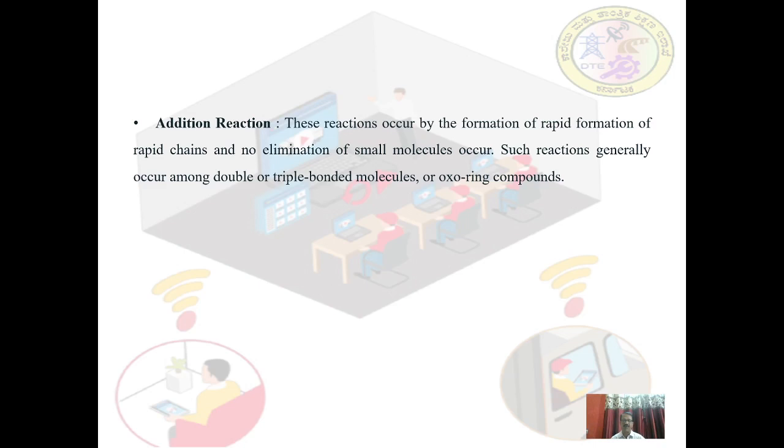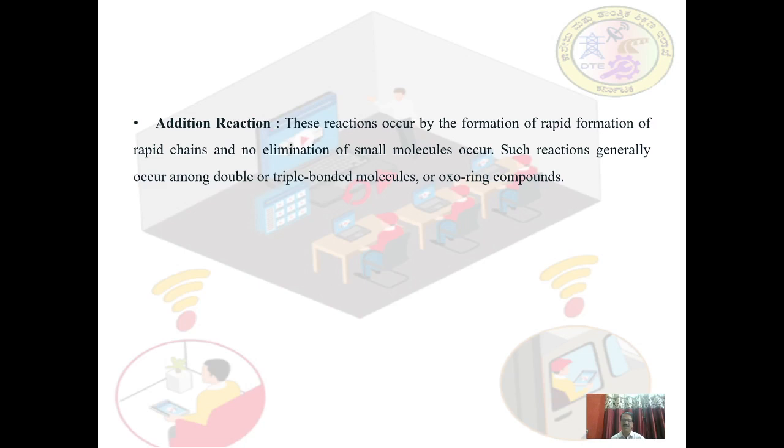So we get a trimer, and to this trimer another molecule is added, so that we get a polymer, and this reaction goes on propagating until the final product is terminated.